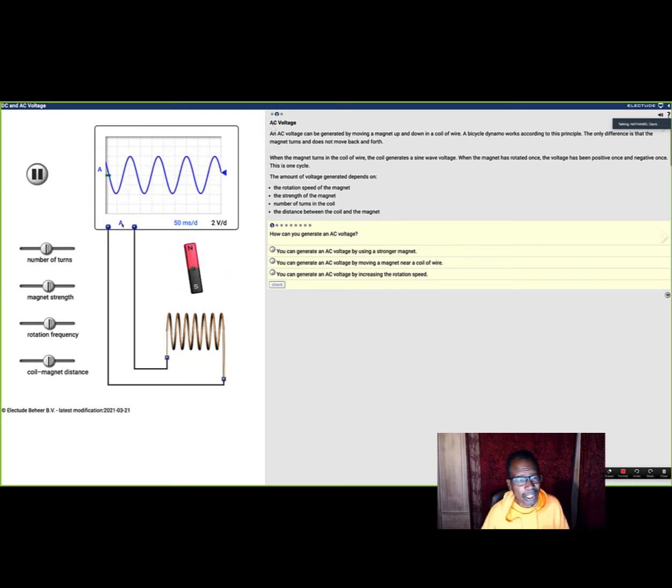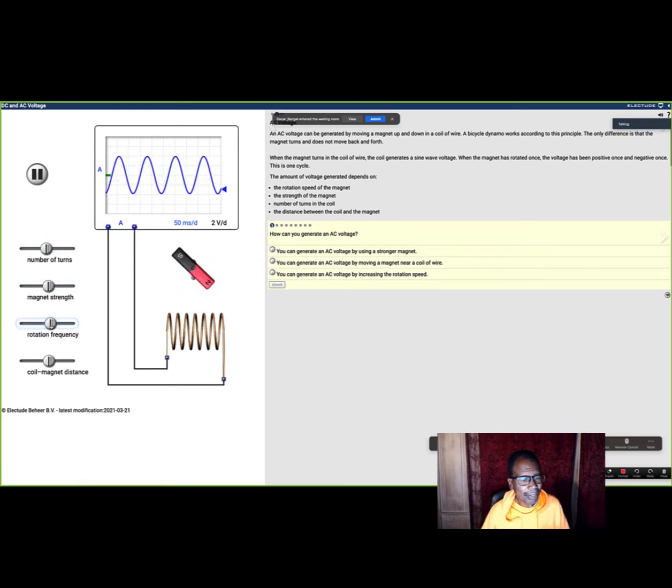As you increase the speed, if I increase the speed, you see it, my frequency increases. Frequency is how many times something turns on and off per second.